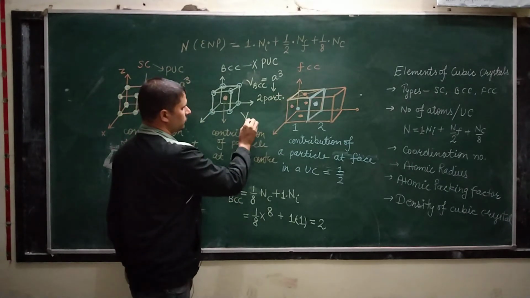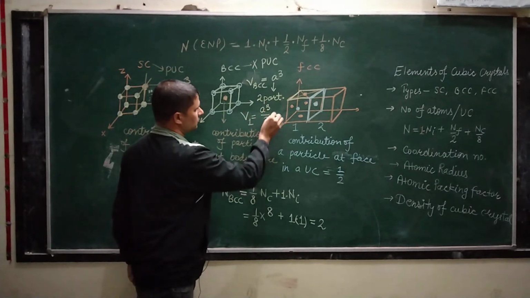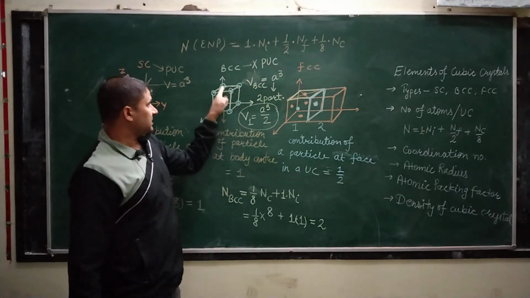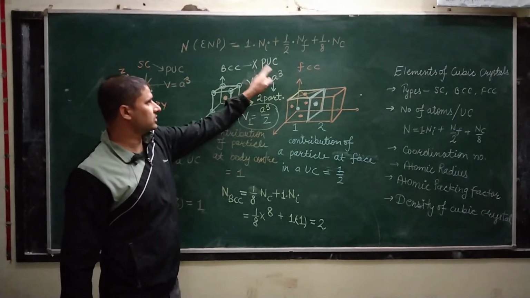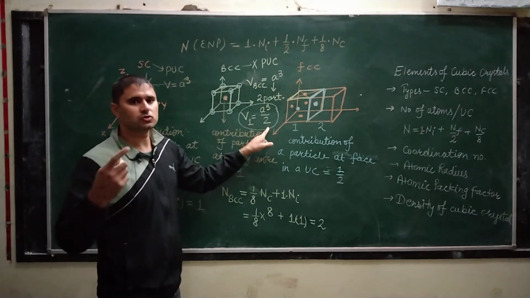So the volume of 1 particle will be equal to a cube by 2. So in BCC the primitive unit cell will be that which has volume a cube by 2.